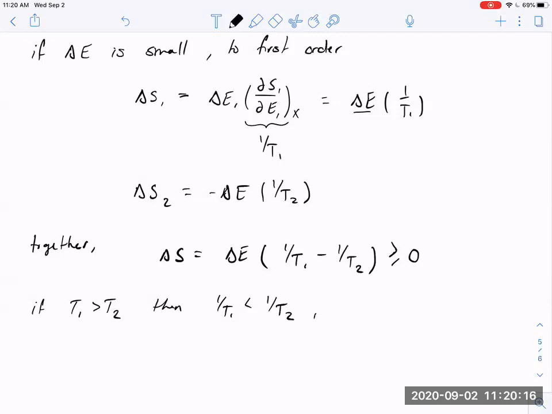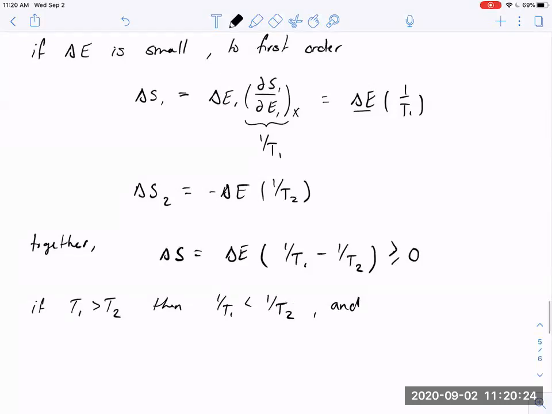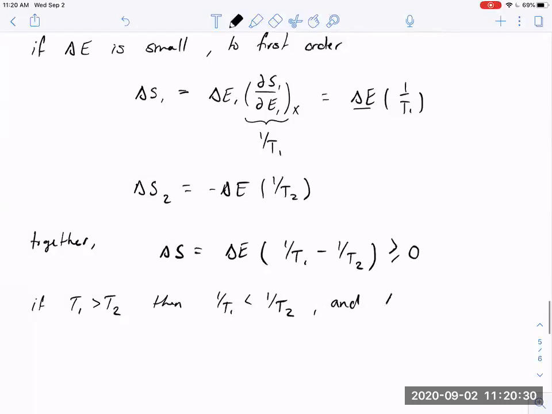For a spontaneous change to have happened, the term in the parentheses therefore is negative. It would have meant that delta E would itself have to be negative, such that the product is overall positive.